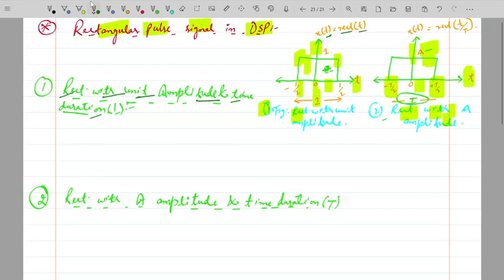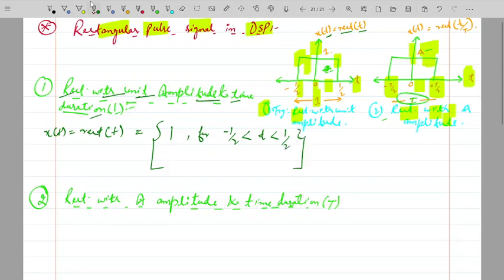So x of t is equal to rect of t, which is equal to 1 when small t is between minus 1 by 2 and 1 by 2.